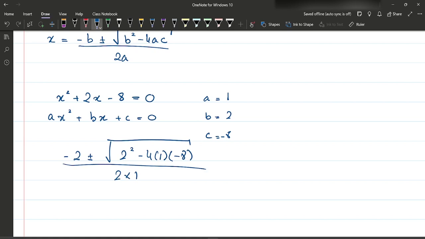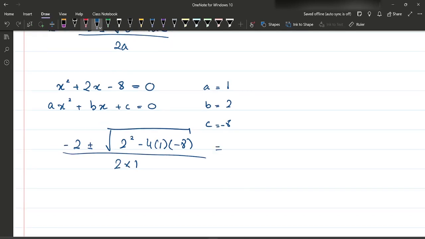Put this in your calculator and you get minus 2 plus or minus the square root of 36, over 2. So this gives you x equals 2 or x equals minus 4.